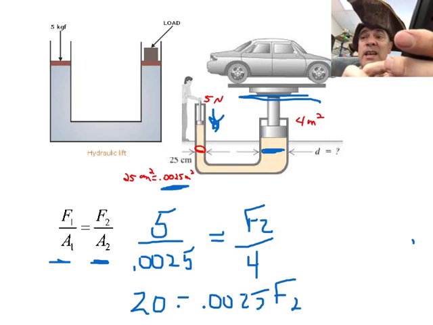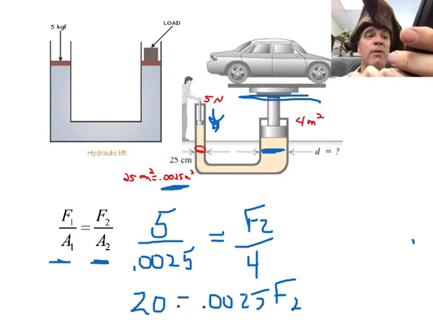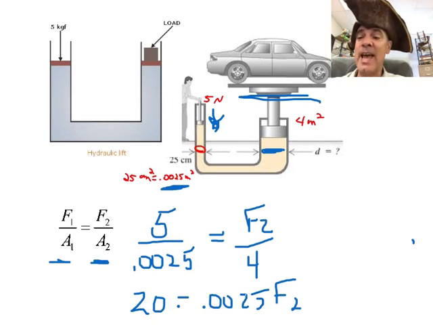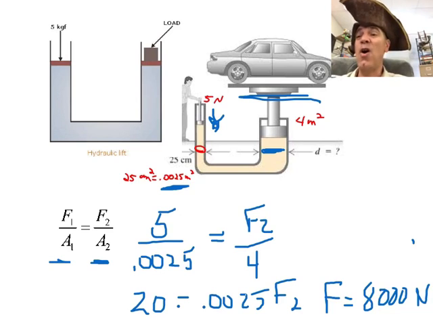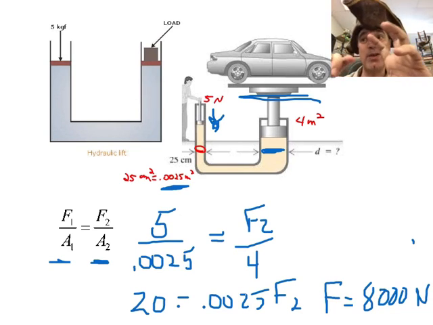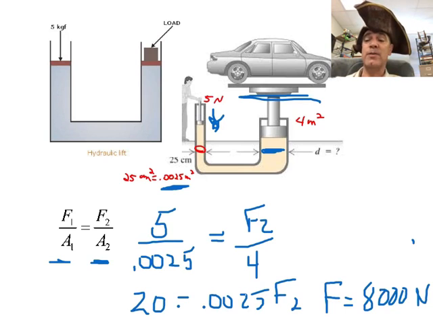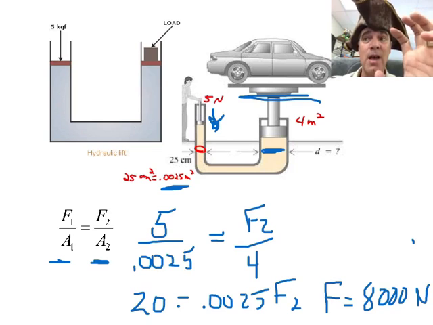So we take 20 divided by 0.0025, and we get a gigantic force, 8,000 newtons. So you can lift a whole lot by pushing down really, really small. Now, in this picture, they're saying that a person does it, and they used to, but now they use electric machines. But you can see how there's a multiplier there to get a really giant force.